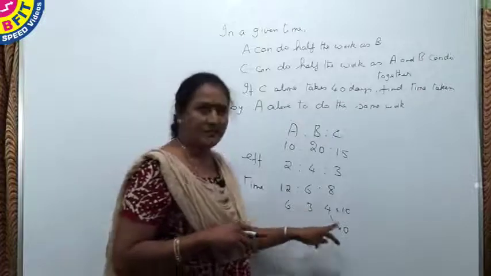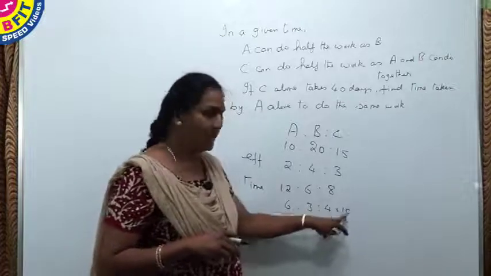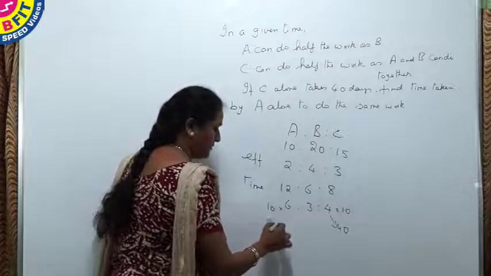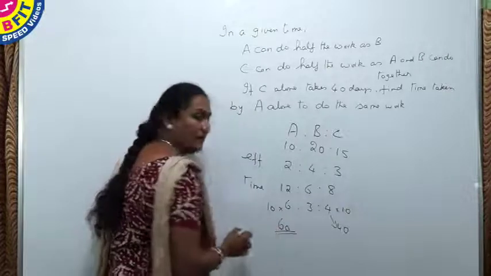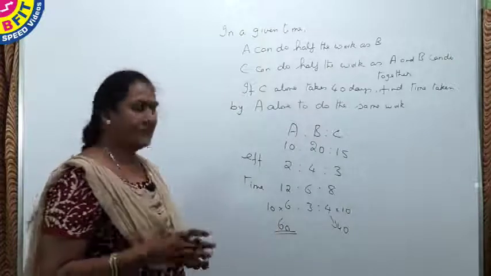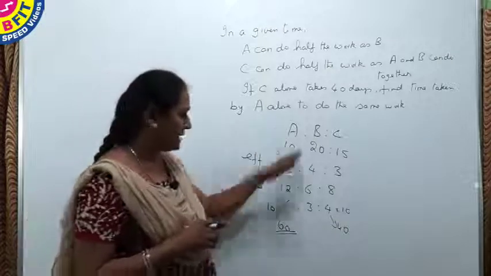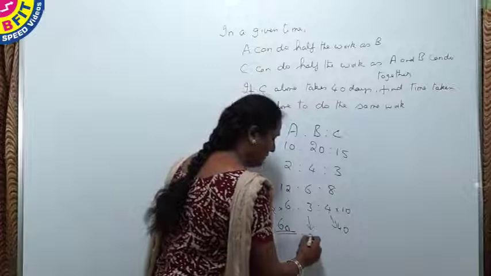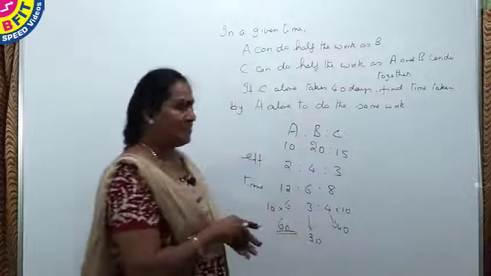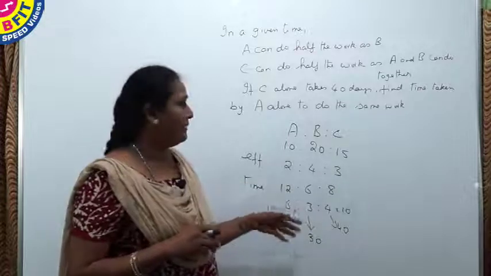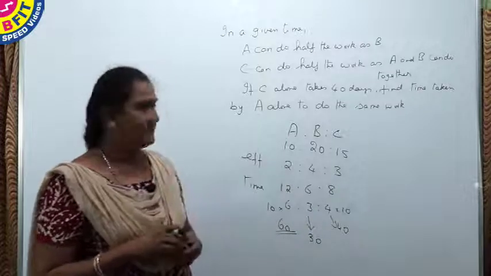So if 4 parts is 40, we have multiplied 10 to get 40. Multiply the same 10, so we get the time taken by A is 60 days. Suppose if they ask for B, B is taking 3 parts of the time. So 3 into 10, 30. So by simply finding the inverse ratio, we have found the time taken by A which is asked.